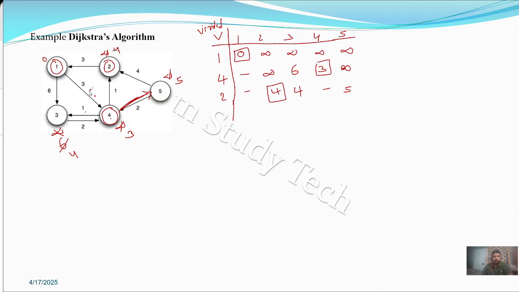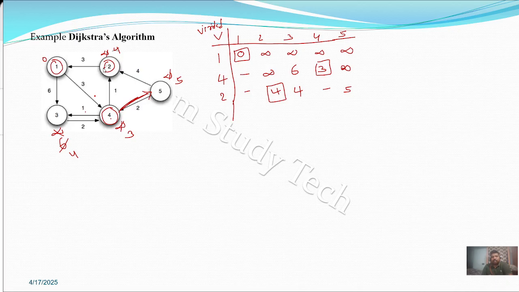So from 2 to 3 there is no direct edge. From 2 to 1 and 1 to 3 there is a path, but already it is the minimum. And from 2 to 5 there is no edge, then it is a backtracking.